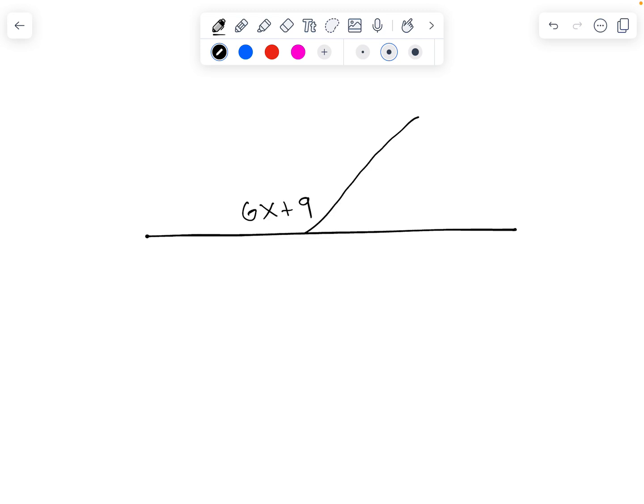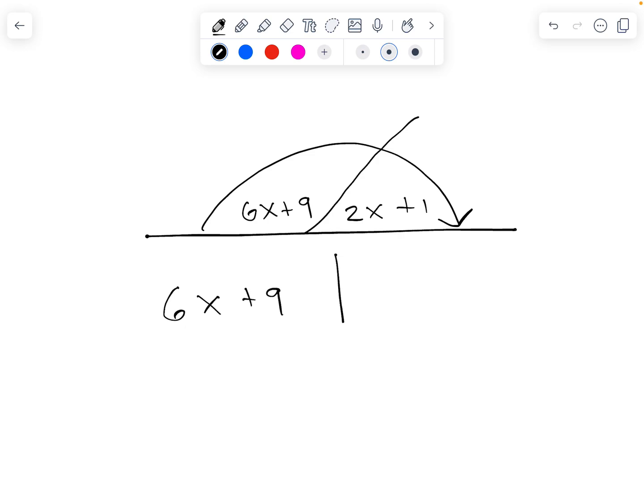And let's say this is, I don't know, 2x plus 1. And the whole thing is 180. So we can't do what we did in the previous question. We can't say they're equal to each other because they're not, or not necessarily, but we can say that together they add up to equal 180.